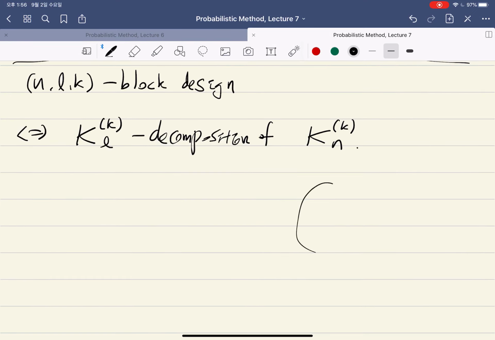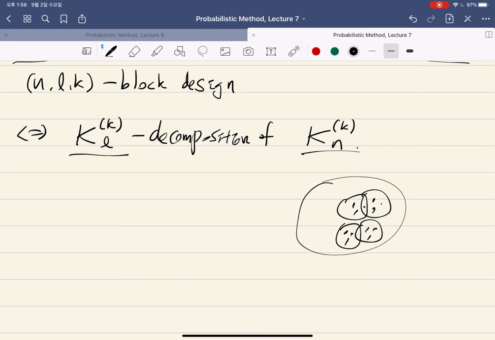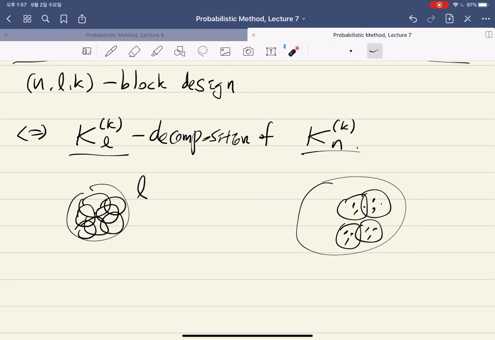There are n vertices, and this counts all sets of size k. And what's this? That's a complete hypergraph on l vertices. There are l vertices, and every k-tuple forms a hyperedge. So you choose an l-set here, then that uses all the sets of size k inside of it.